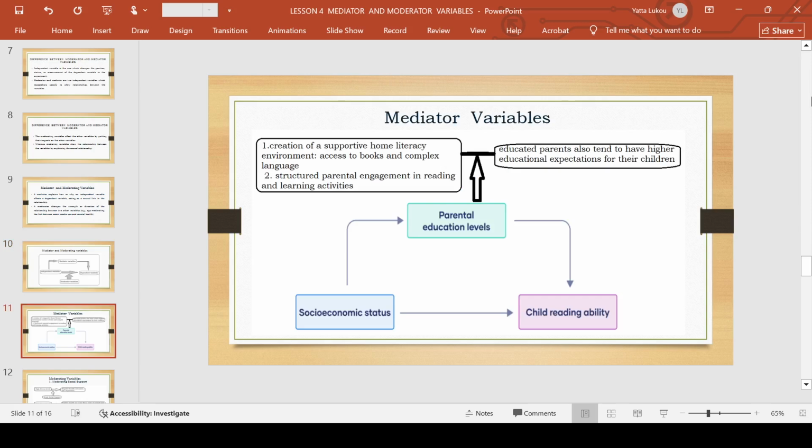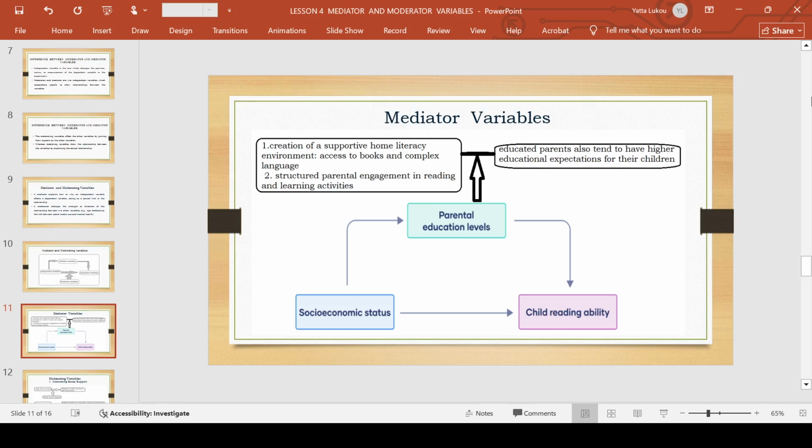We have one important example about two variables, the socio-economic status, which is an independent variable, and the child reading ability. Here, the mediator variable is the parental education levels. How does it show us about the interaction between the two variables?